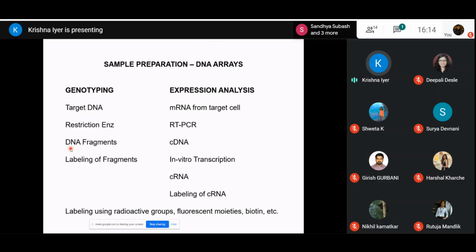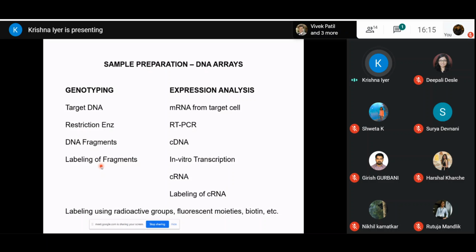And the DNA fragments that I get, I just label them. I label the fragments so that I can track each and every piece that I've made after I cut with restriction enzyme. The hope is some of these pieces will have the gene of interest to me, which will be complementary to the probe that I put on the DNA microarray.